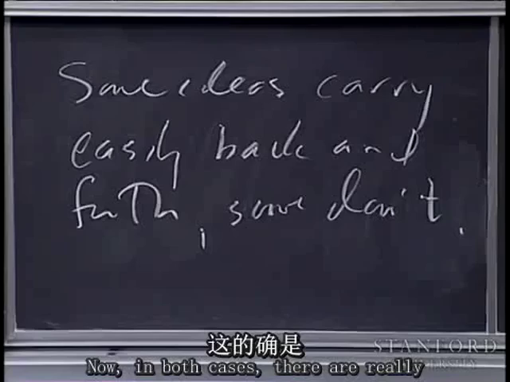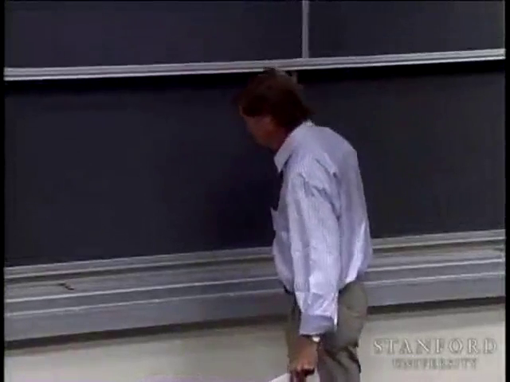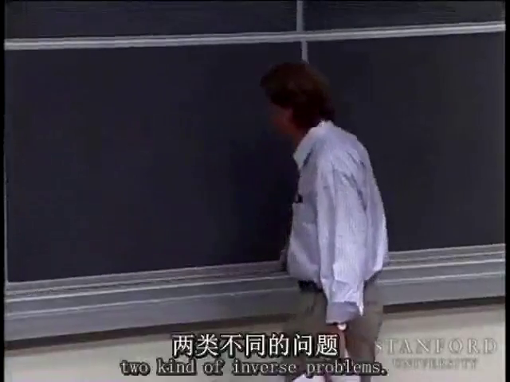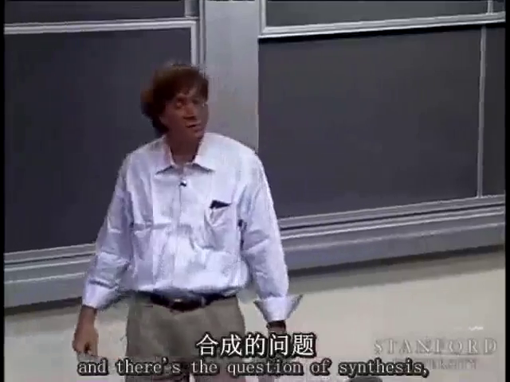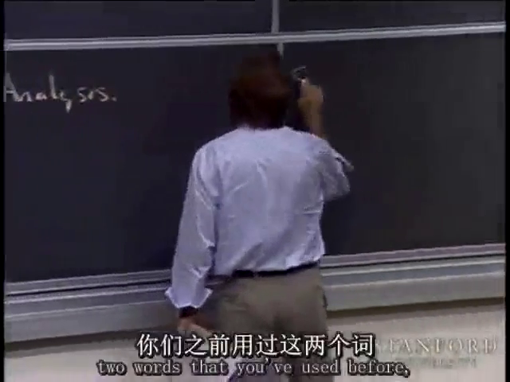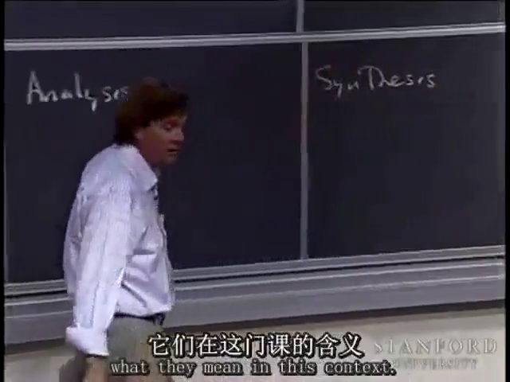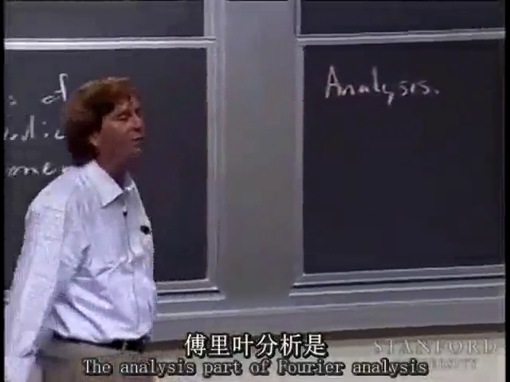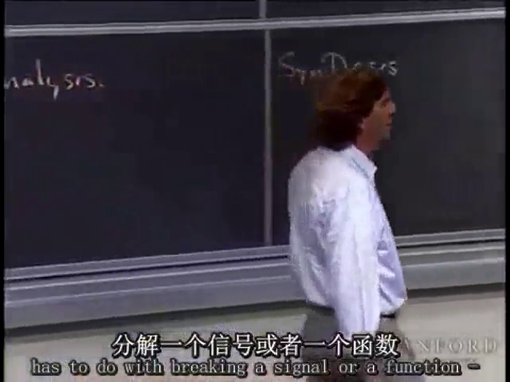Now, in both cases there are really two kinds of inverse problems: the question of analysis and the question of synthesis. These are two words you've used before, but it's worthwhile reminding you what they mean in this context. The analysis part of Fourier analysis has to do with breaking up a signal or a function.